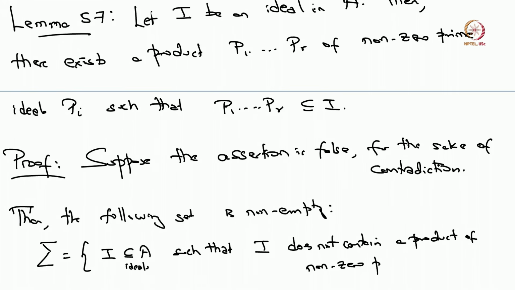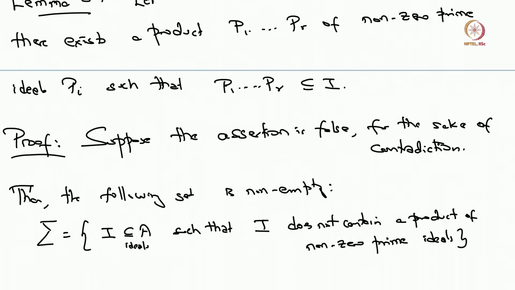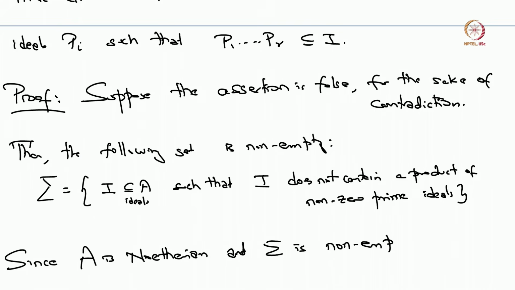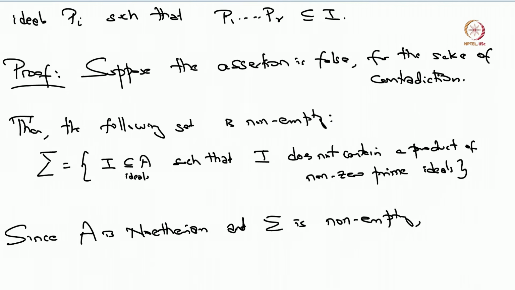You take the set sigma of all ideals for which this assertion is false. This set sigma must be non-empty. But since A is Noetherian and this set sigma is non-empty, it must have a maximal element, where I mean maximal under inclusion. There exists a J that is maximal under inclusion.